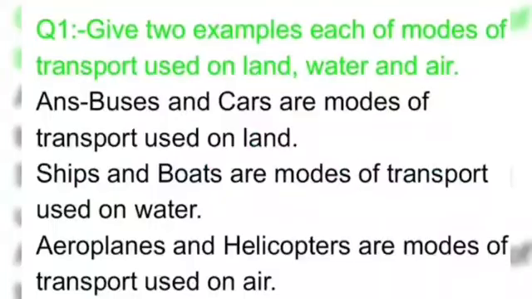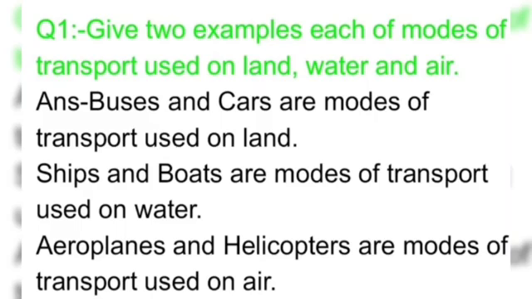Question number 1. Give 2 examples each of modes of transport used on land, water and air. So answer is buses and cars are modes of transport used on land.